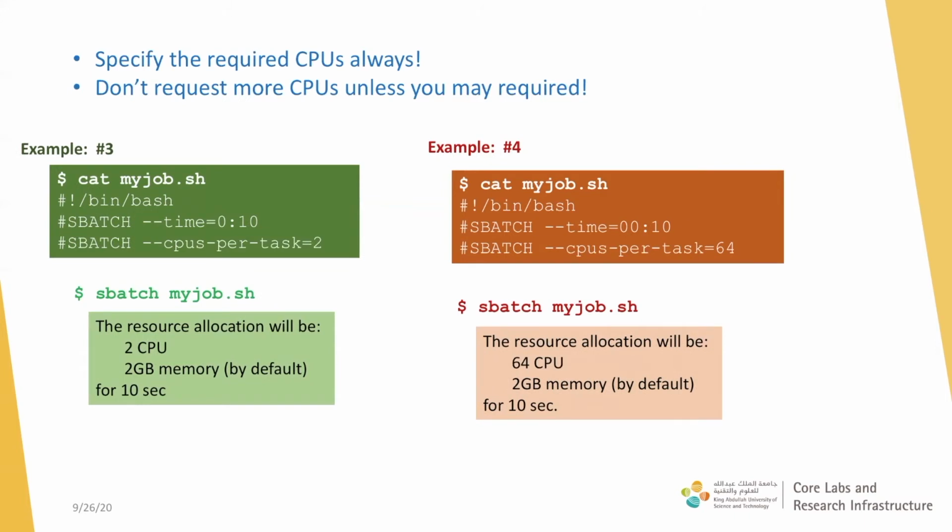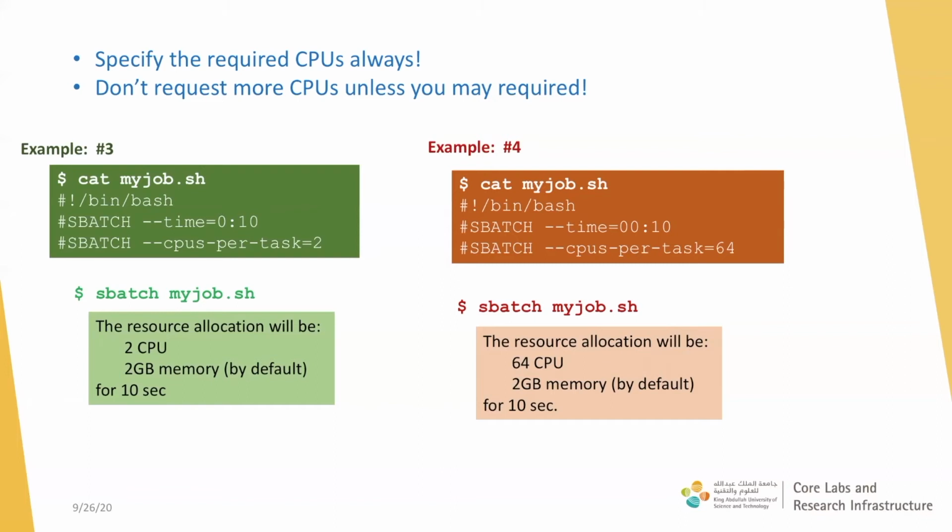In a second example, when you are running multi-threaded applications, ensure you know how many CPUs you are going to use, and accordingly specify the number of CPUs in your job script file. In the third example, I specified CPUs per task as 2. In the fourth example, CPUs per task is 64. In IBEX, the maximum number of CPUs available is 48.